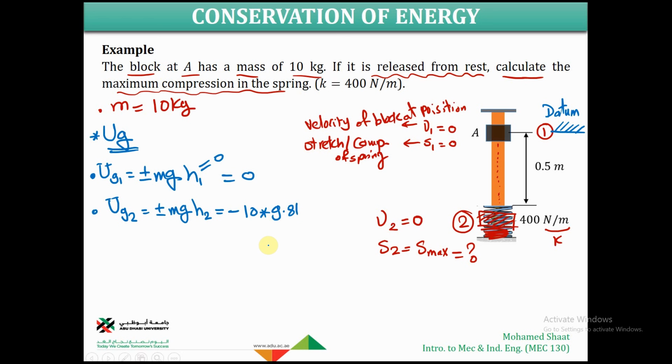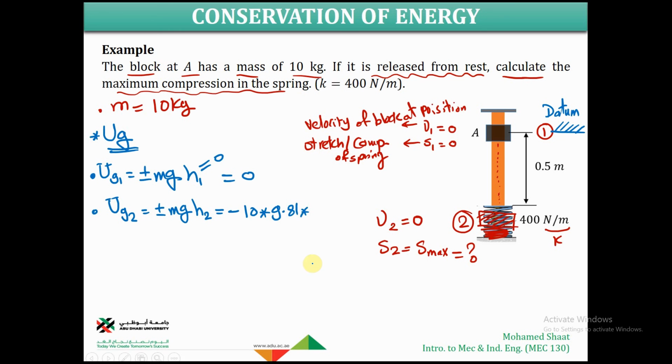Why 9.81? One, because we are working with the metric system. Kilograms indicates metric system. Newton meter indicates metric system, or the international unit system. And as long as you are working with the international unit system, the gravitational acceleration should be 9.81. Times h2. How much is h2?